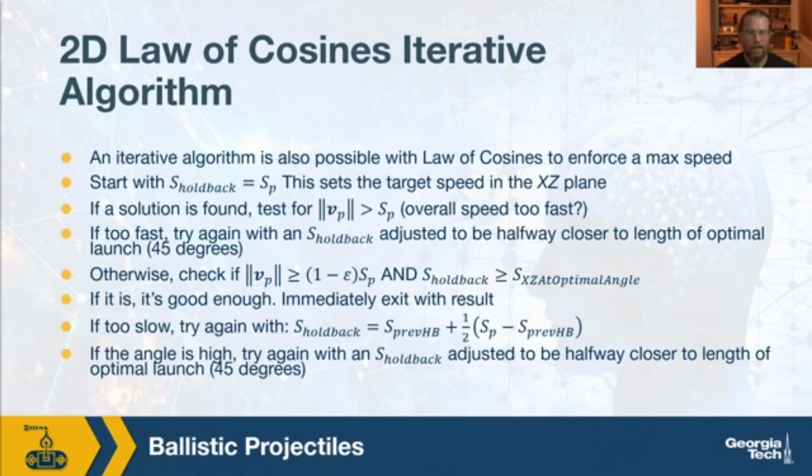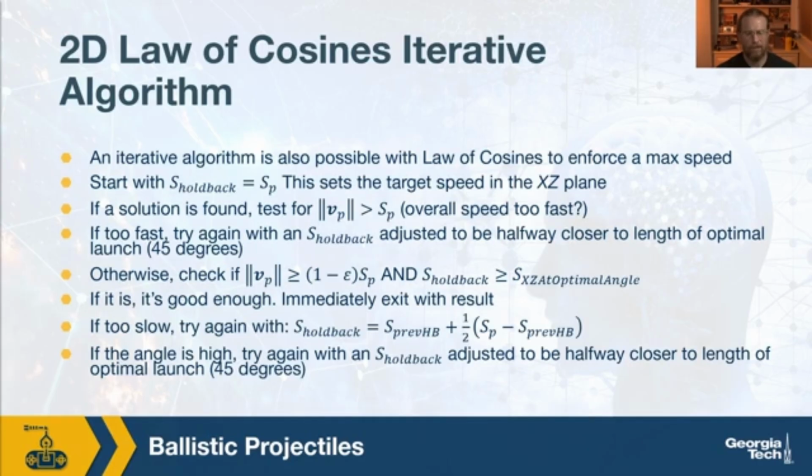But if that condition wasn't met, we can then check whether it's too slow. If it's too slow, that means the magnitude of our velocity is less than the maximum speed that we're trying to achieve. If that's the case, then we are going to run through the loop again with an adjusted holdback speed. We're going to use the previous speed plus half of the max speed minus the previous holdback.